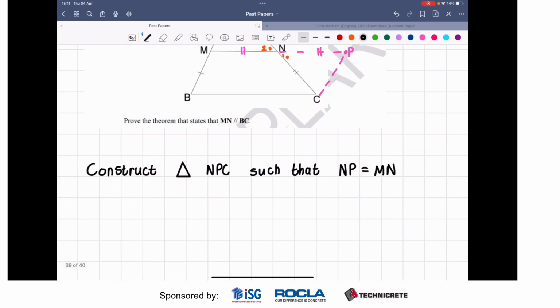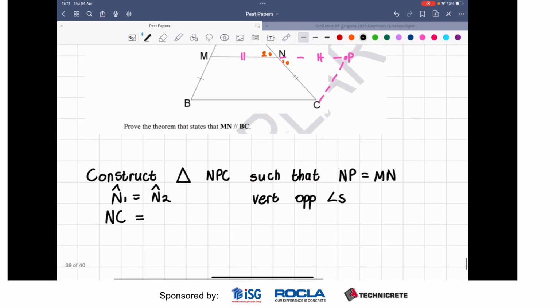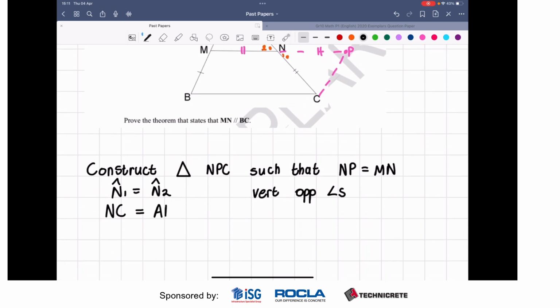Then I can say that angle N1 is equal to angle N2, and that is from vertically opposite angles. And then I can say that NC is equal to AN, and that was given.